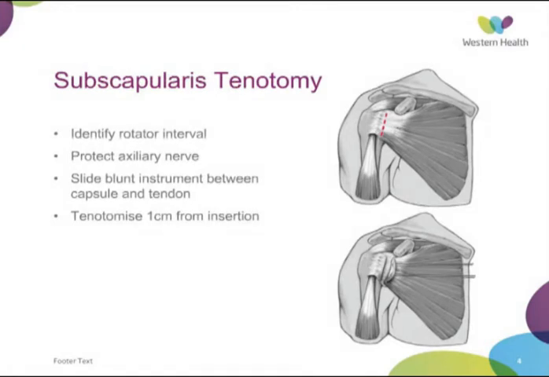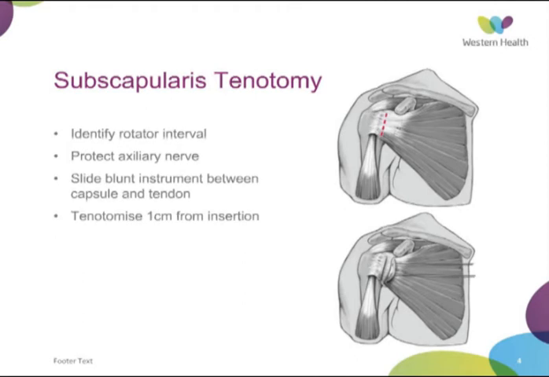Using a blunt instrument to protect the axillary nerve, which is approximately 25 to 30 millimetres away from the inferior border, slide another blunt instrument between capsule and the tendon of subscapularis, and then perform the tenotomy approximately 1 centimetre away from the insertion at the humeral head.